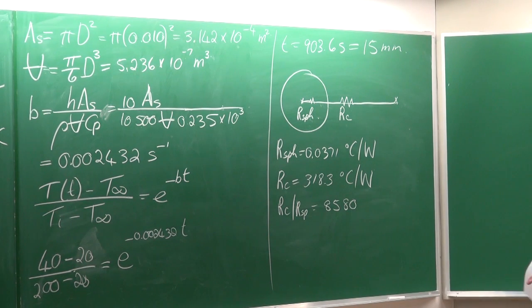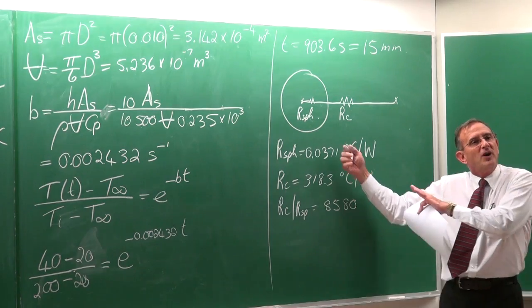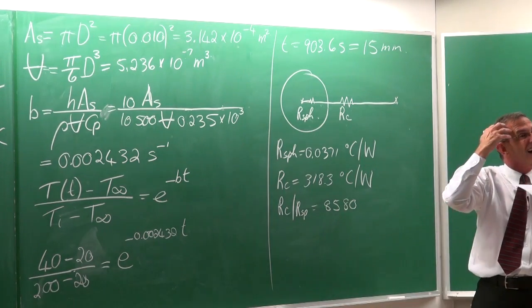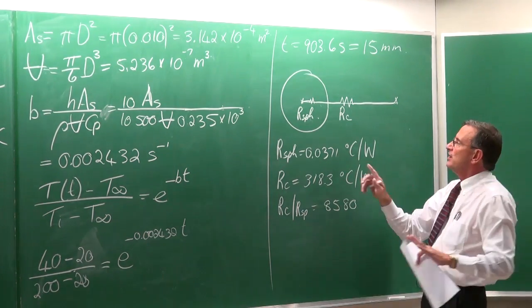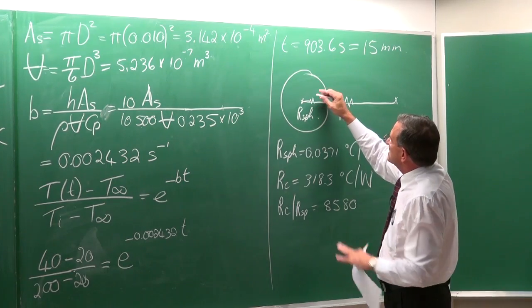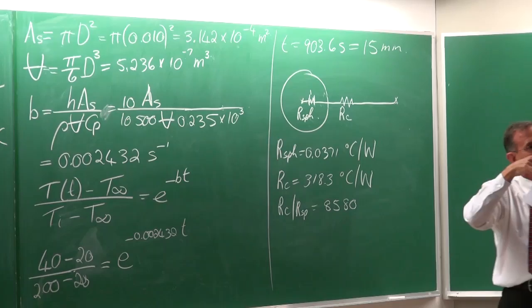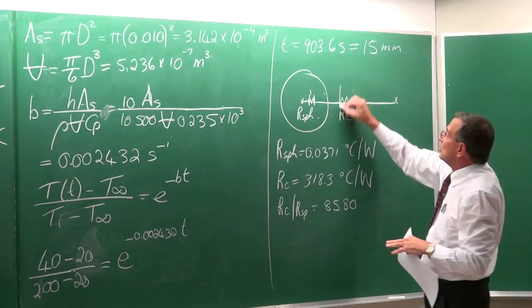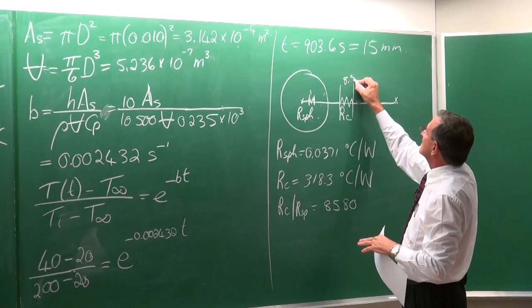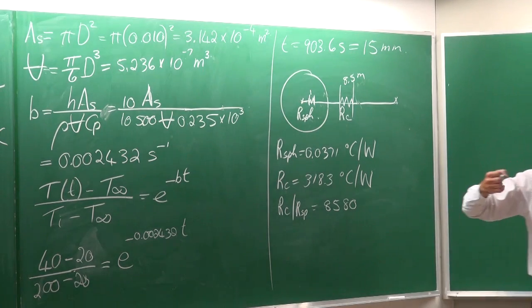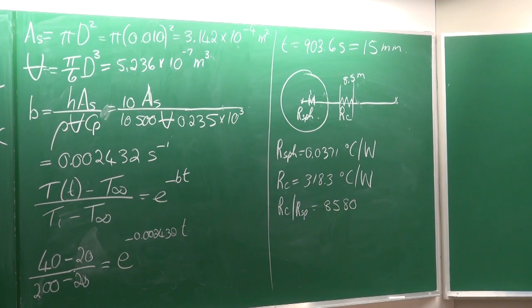It therefore means that if you want to schematically give yourself an idea of what is going on here, and you would draw this distance of this resistance element as 1 millimeter, then that one is going to be 8.5 meters. So that is the ratio of the differences between the resistance elements.